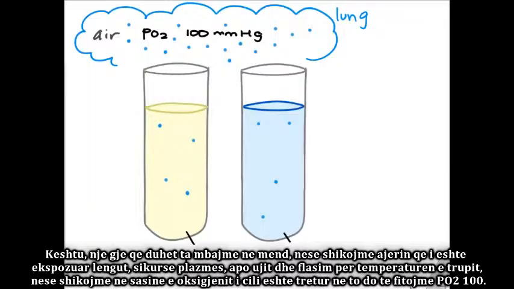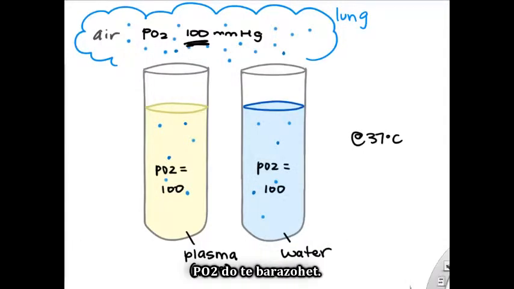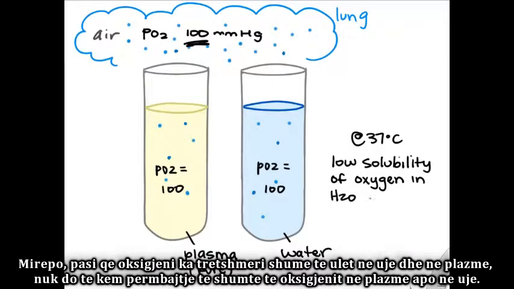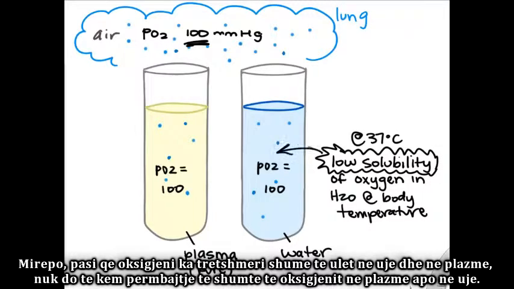One thing to keep in mind: if we look at air exposed to a liquid like plasma or water at body temperature, and we look at the amount of oxygen dissolved, we'll get a PO2 of 100. The PO2s will equalize. But because oxygen has a very low solubility in water and plasma, we won't have a lot of oxygen content in those samples.